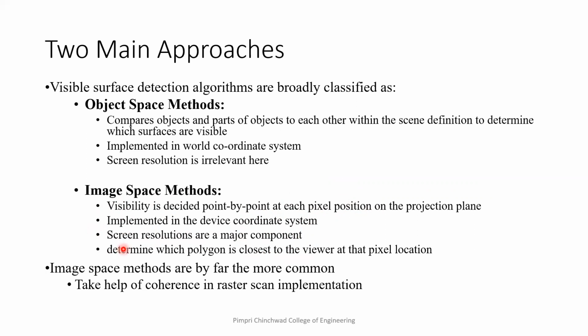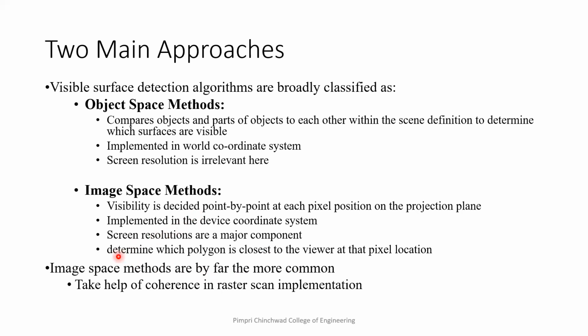What is the problem with this approach? Suppose the resolution of the screen is changed. Then again we have to run this algorithm and calculate the results, right? Or another thing is, if we are reproducing the same scene in multiple devices, for each device we have to determine the hidden surfaces and the visible surfaces.